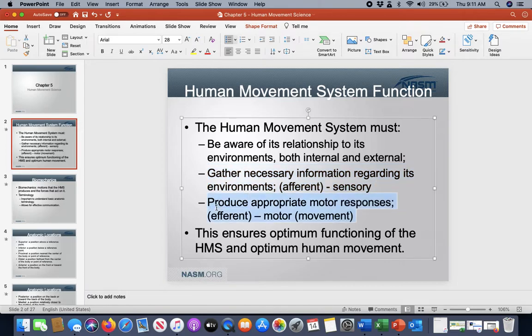Now, if you're going up and down a hill, then you're going to have different sensors that detect that an incline or decline has occurred. So that's going to be one of the important things as well. Without appropriate sensing, we can't get appropriate movement, and that's really how we're going to optimize our people.